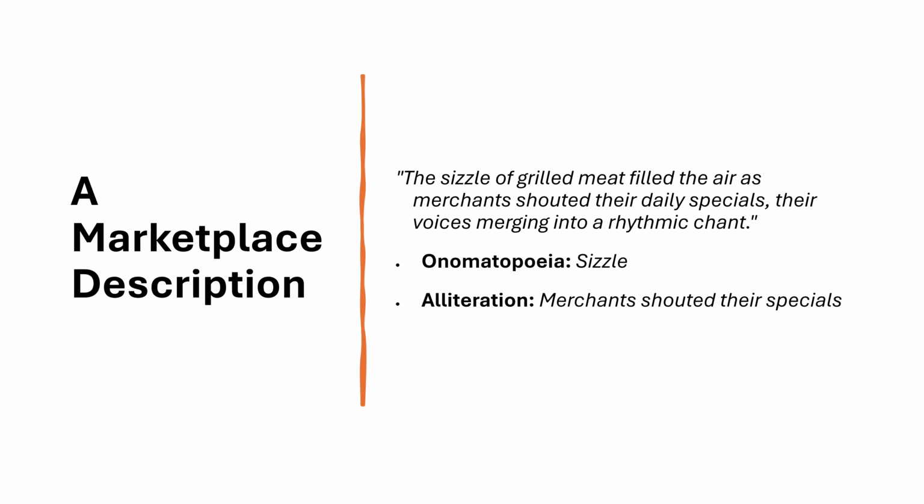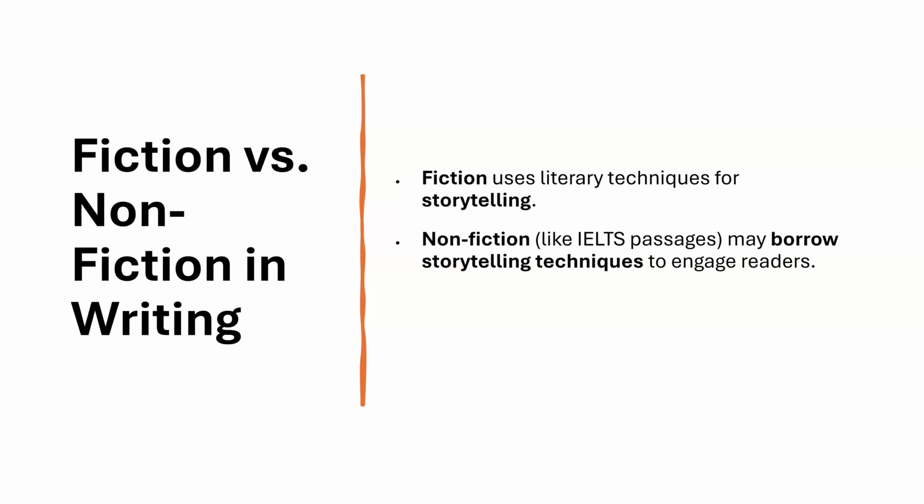And then there's a marketplace description: the sizzle of grilled meat filled the air as merchants shouted their daily specials, their voices merging into a rhythmic chant. The onomatopoeia there is sizzle, the sound of meat on a grill. And then we have alliteration, which says merchants shouted their specials.